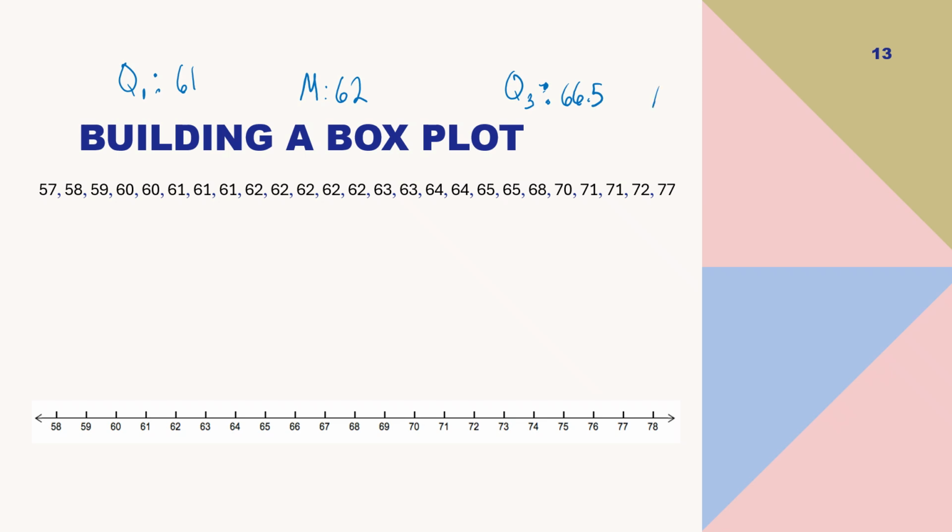We know the max is 77, and the min is 57. This is sometimes called the 5-number summary, because we can think of these as the 5 fence posts that define quarters of the data.